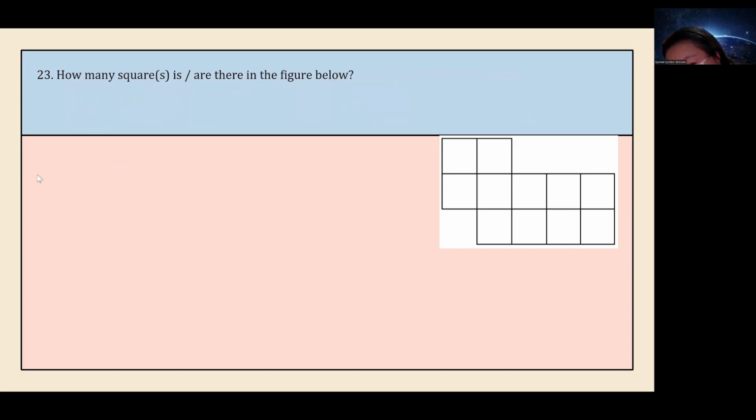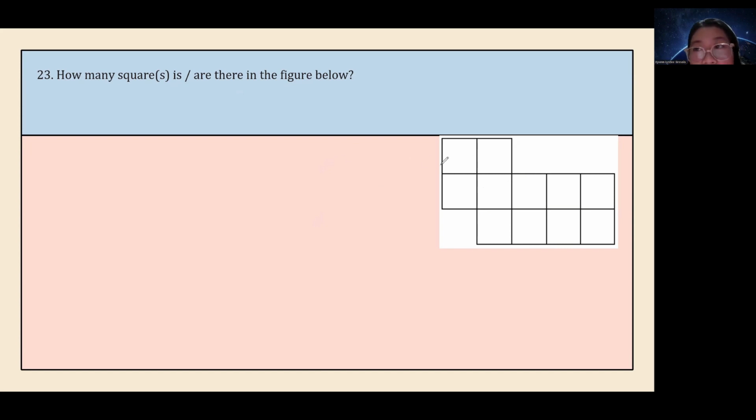Next, number 23. How many squares are there in the figure below? For this one, we need to take in mind that the smaller squares could combine to form larger squares.